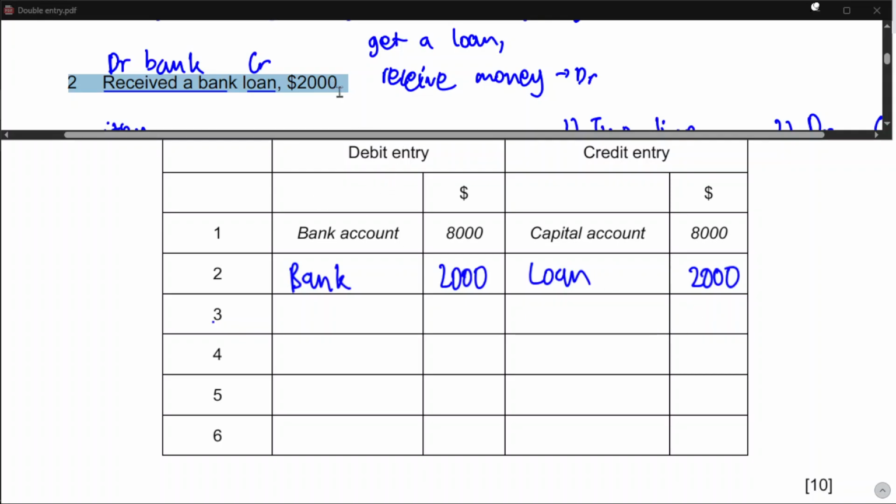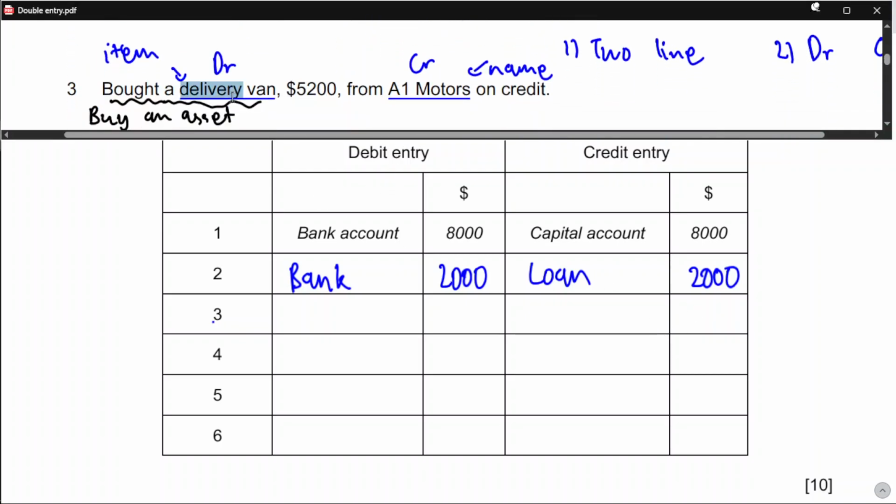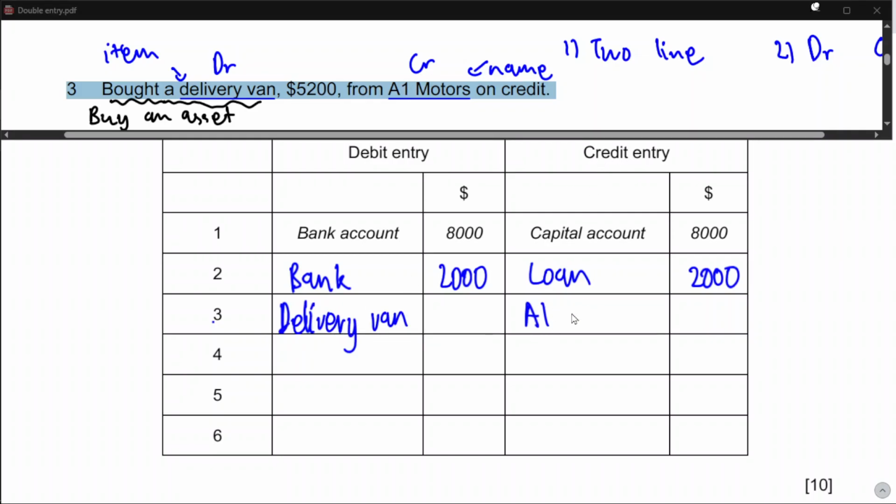Okay, now let's go to the next line. Debit delivery van and credit A1 Motors by 5200.